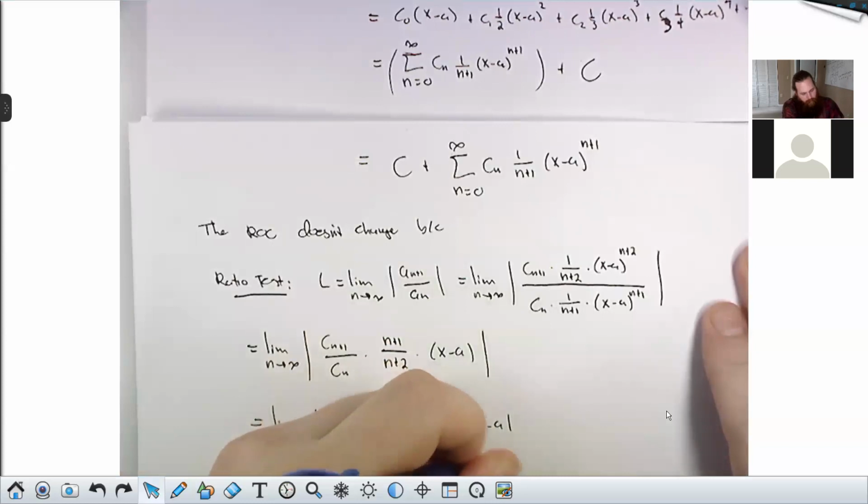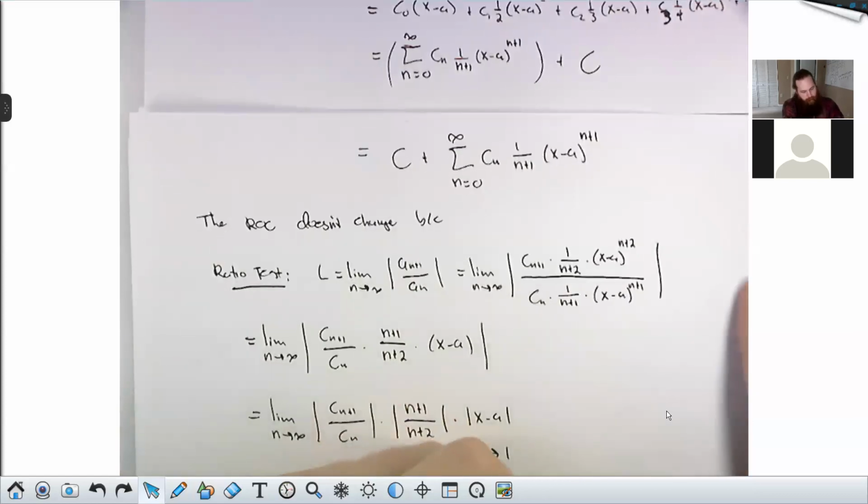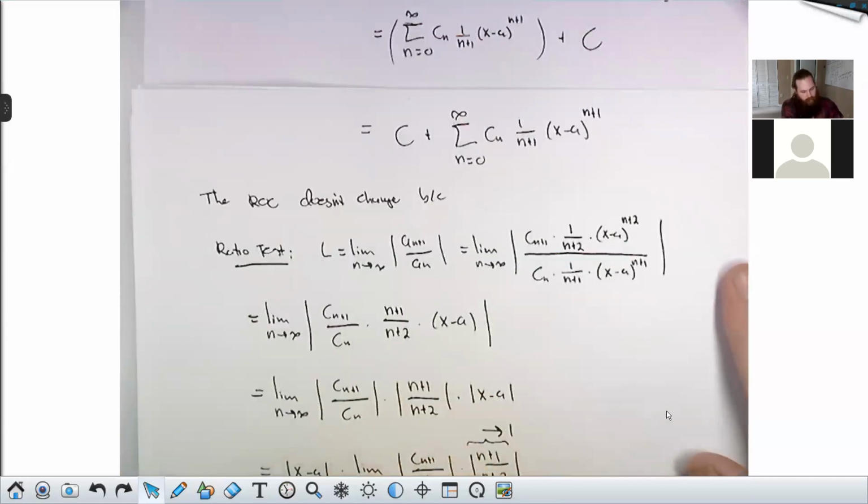And this piece goes to 1. So this is abs x minus a times the limit as n goes to infinity of Cn plus 1 over Cn, which is the same as L for the original series, sigma n from 0 to infinity Cn x minus a to the n.